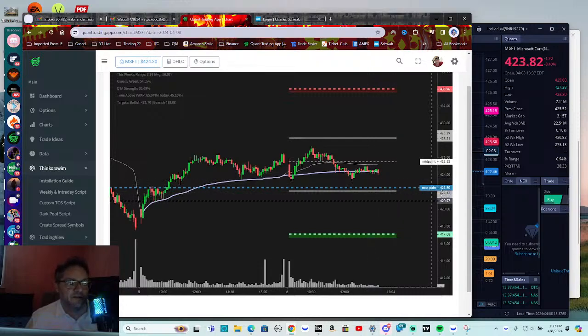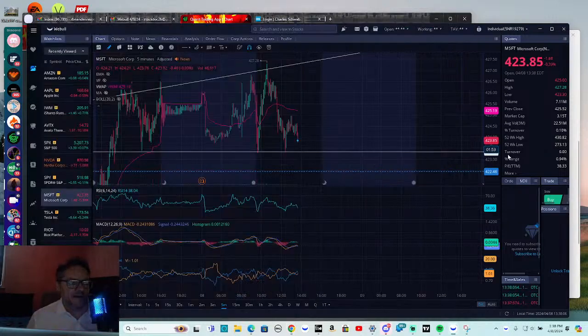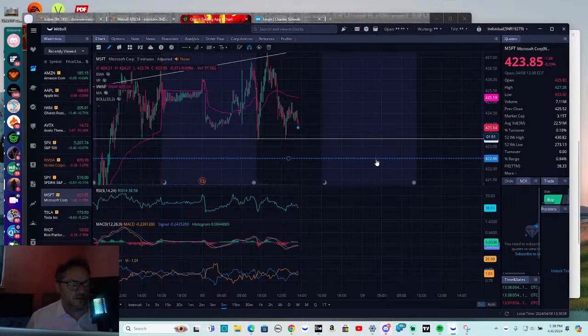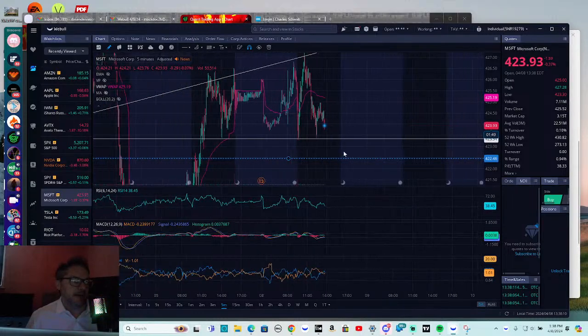But what is on here is 422.50, which is max pain, and the intraday level of 421, or say just 422, round it off. So 422, that area, the first 50 cents at 422, is a strong support in the world of quant trading. Make that a note on your chart right here, and we can play along.